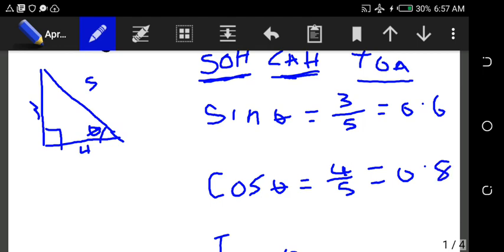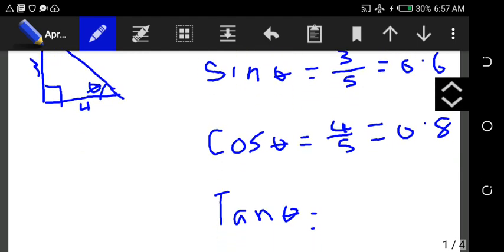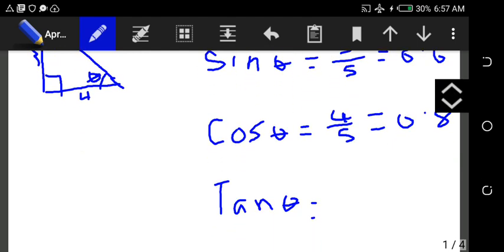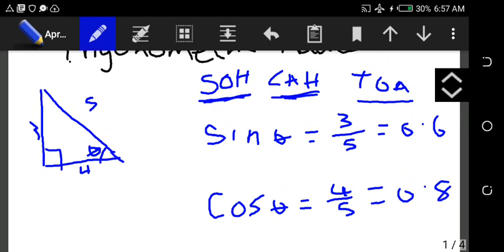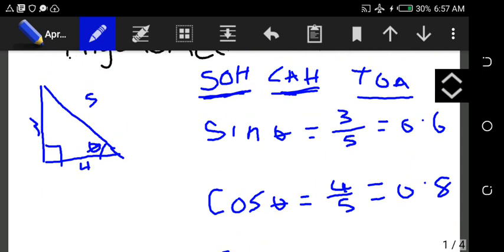Now the last of it, the tan theta. Tan according to SOHCAHTOA is opposite over adjacent. From the diagram, the opposite of this angle is 3, while the adjacent is 4.